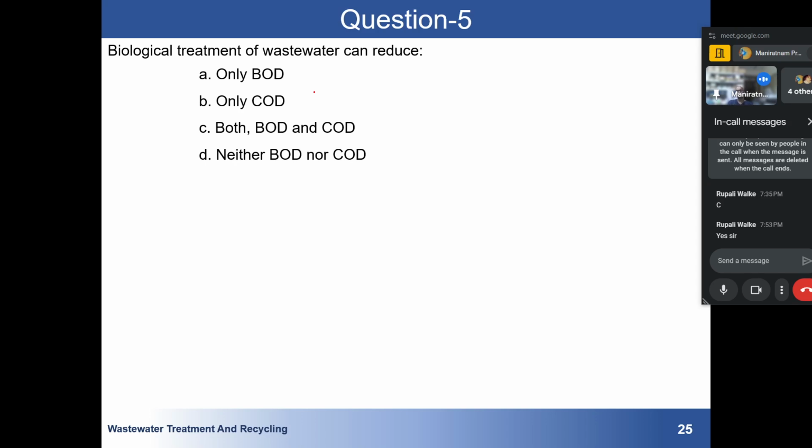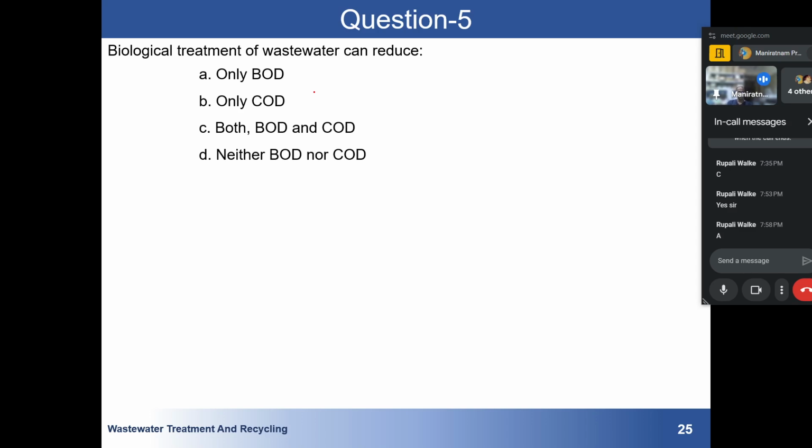Suppose you are working in a wastewater treatment unit. Try to see the real world implication of this. A few minutes ago we were discussing organic matter, and now we have come to BOD and COD.